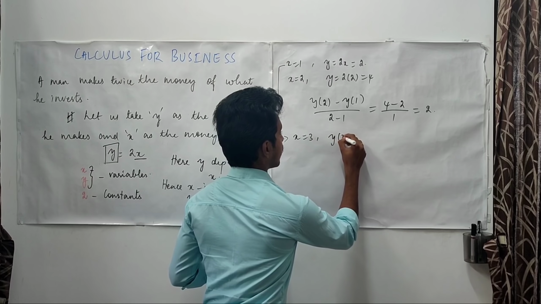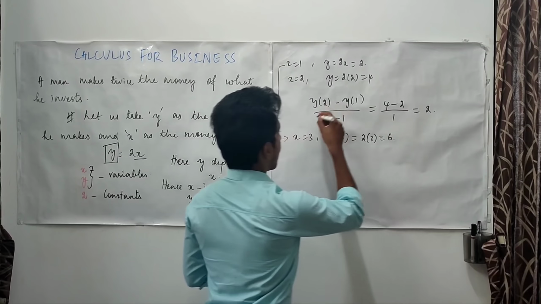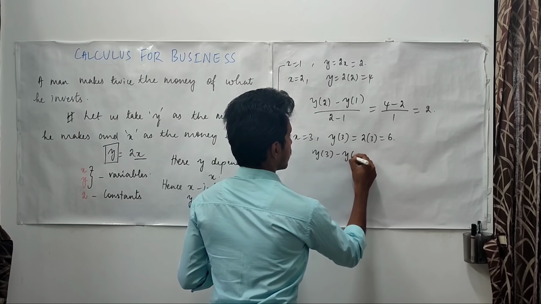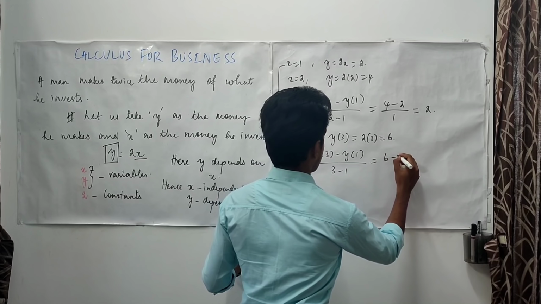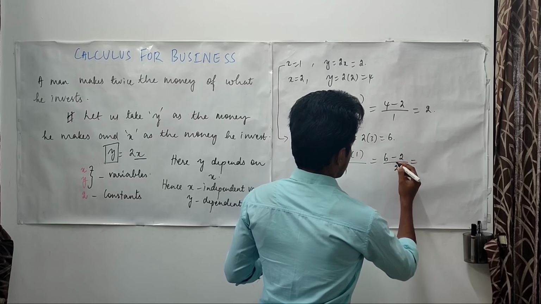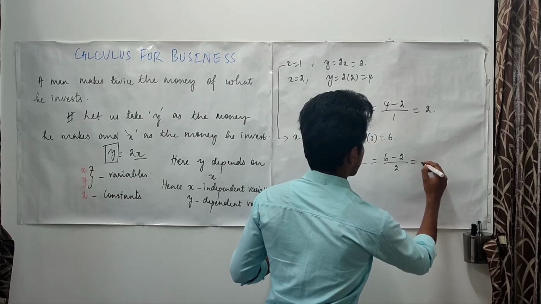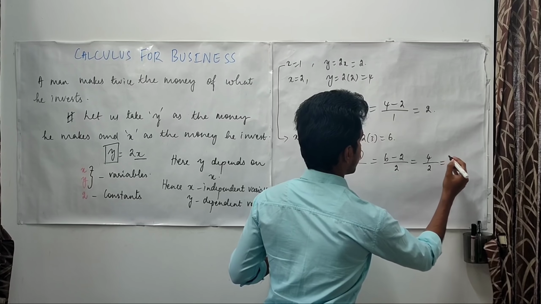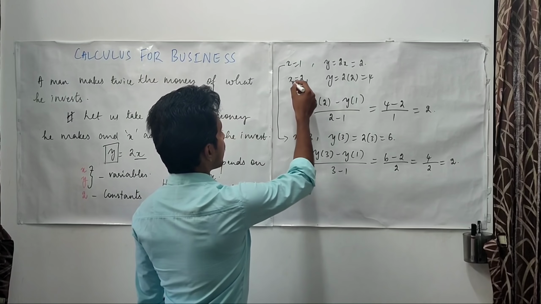In that case, y of 3 is 2 times 3, which is 6, and hence this ratio will be 6 minus 2 upon 3 minus 1, which is 4 upon 2, which is 2.